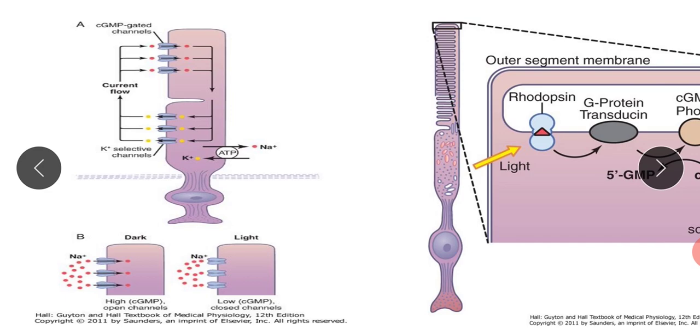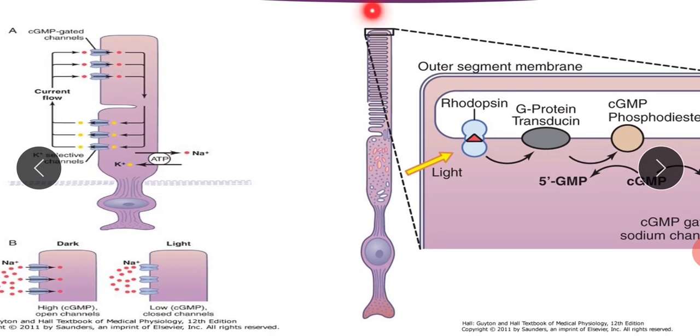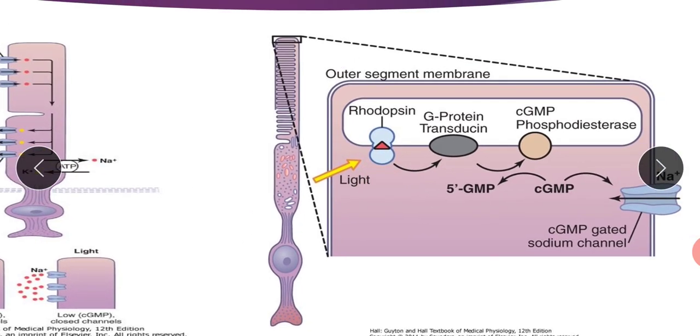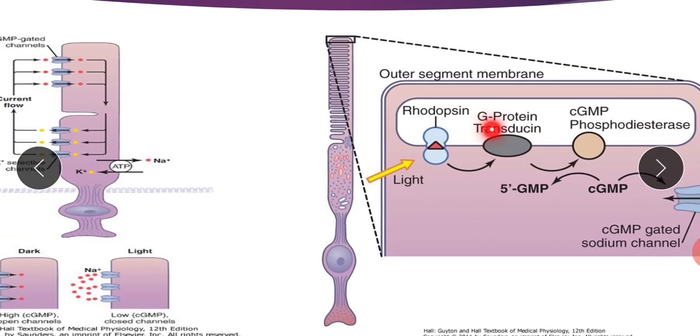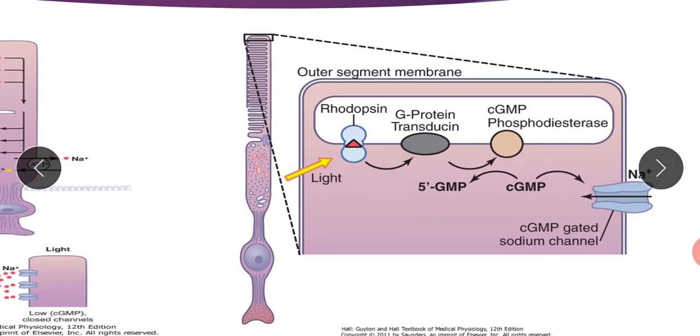Now, when the light rays strike, our visual cycle occurs and converts the rhodopsin into activated rhodopsin. Activated rhodopsin means meta-rhodopsin 2. This activated rhodopsin activates a transmembrane protein, transducin, which is a G protein. This transducin then activates another enzyme known as cyclic GMP phosphodiesterase.